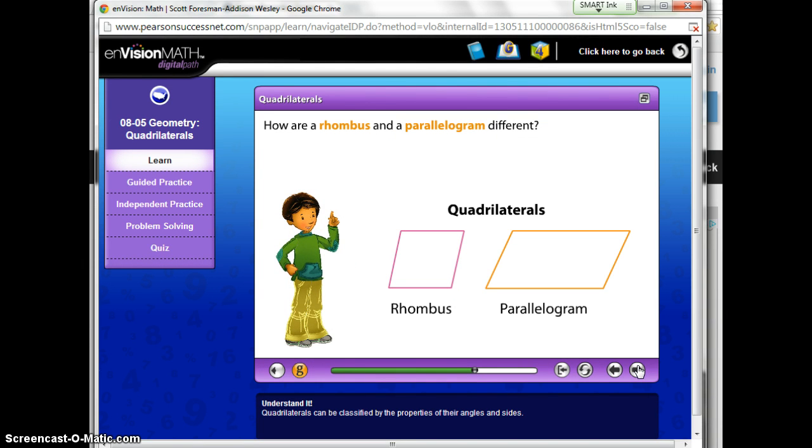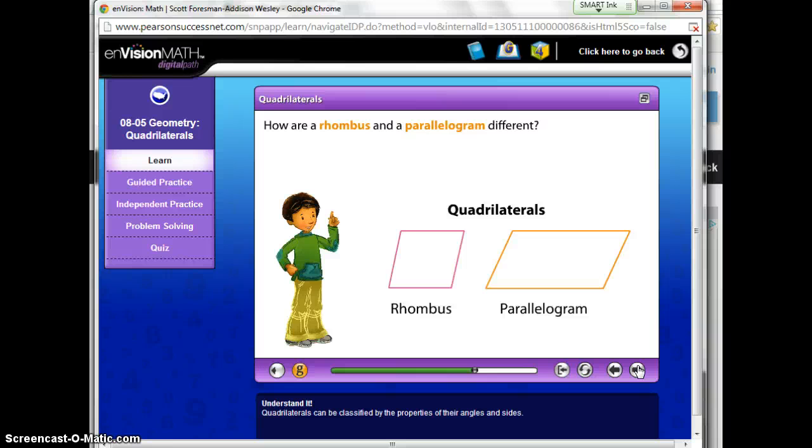How are these 2 different? What makes them different? Will? Do they look any different? Rhombus is more of like a smaller tilted shape. Well, we could tilt it even more.